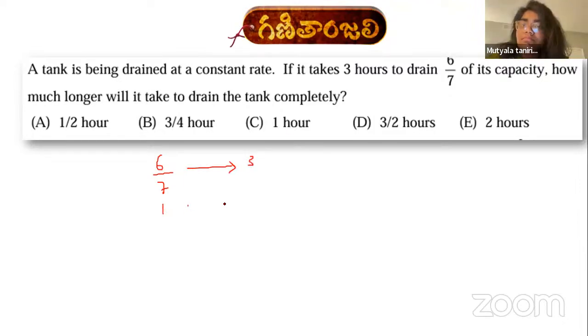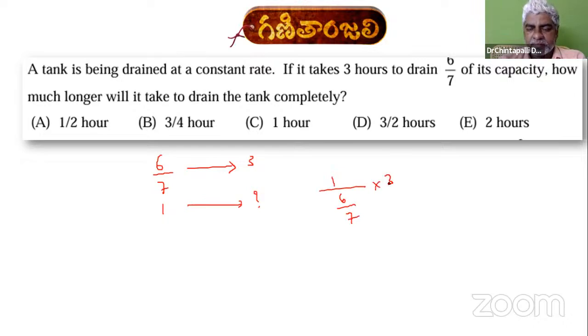In the unitary method, it is 1 by 6 by 7 times 3, means 7 by 6 times 3, that is 7 by 2, which is 3.5 hours.